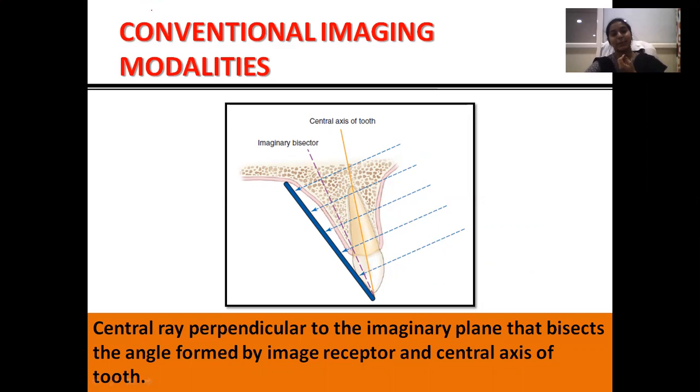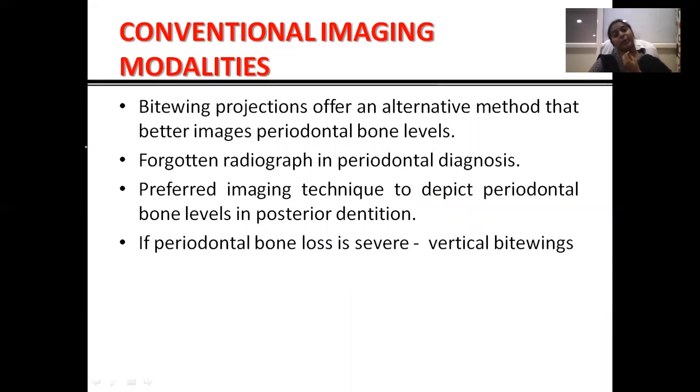Whereas this is the bisecting angle technique, in which the central ray is perpendicular to the bisector line. This imaginary bisector forms an angle both with the central axis of the tooth as well as with the image receptor. So the central ray is perpendicular to this bisector. It is not perpendicular to both the tooth and the image receptor, as we have seen in the paralleling angle technique.